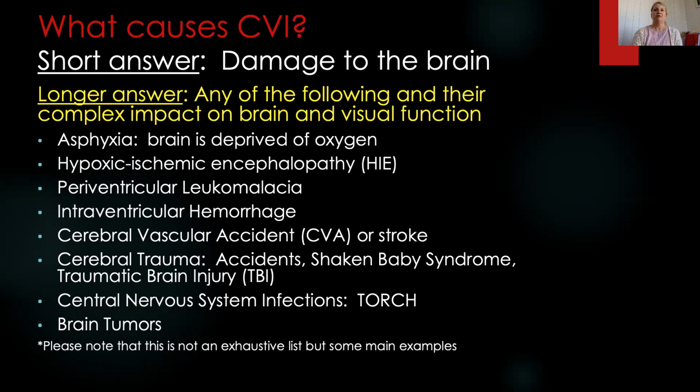So now we're going to get into today's session of what causes CVI. And the short answer to that is any damage to the brain. The longer answer to that is any of the following and their complex impact on brain and visual function, such as asphyxia, and that's when the brain is deprived of oxygen, hypoxic ischemic encephalopathy, otherwise known as HIE.